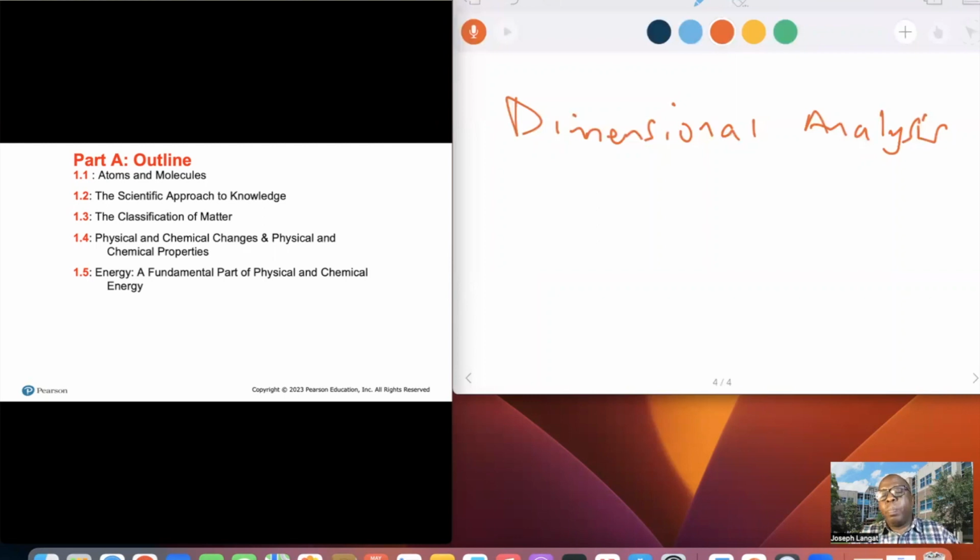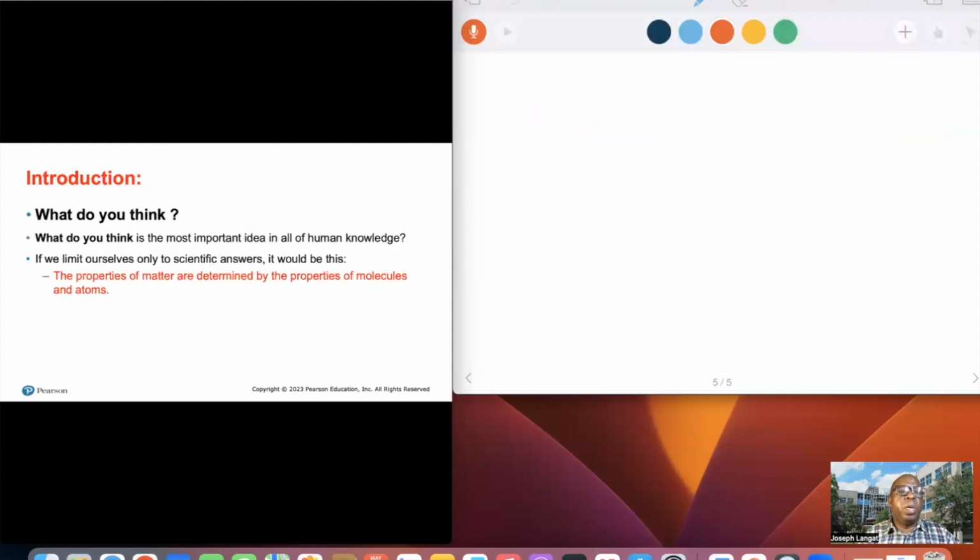In section 1.4, we look at physical and chemical changes, physical and chemical properties, and finally, before we wrap up part A, we will look at energy, which is a fundamental part of physical and chemical change.